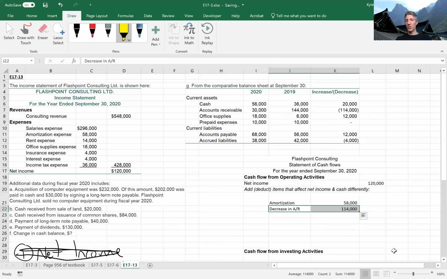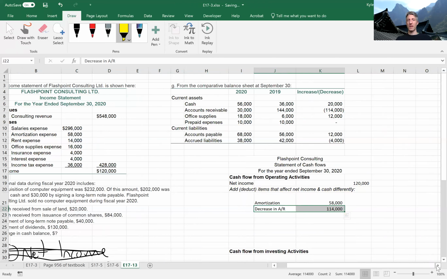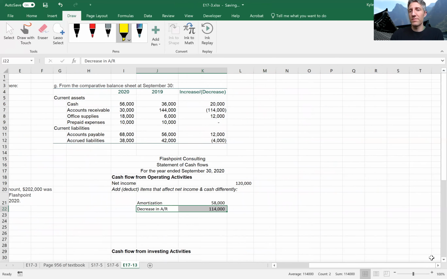Why did I just input it as a positive number in my cash flow statement? The reason for that is accounts receivable went down. That has a positive impact on our cash.